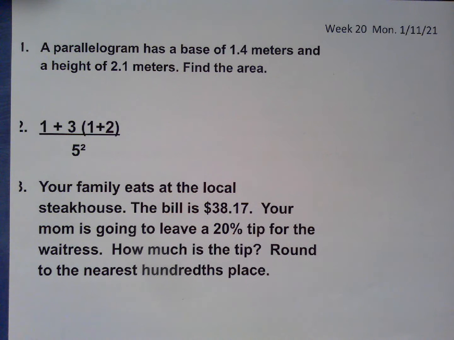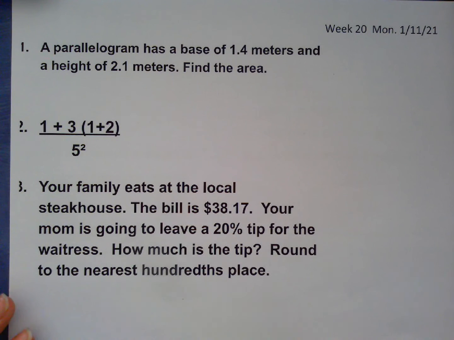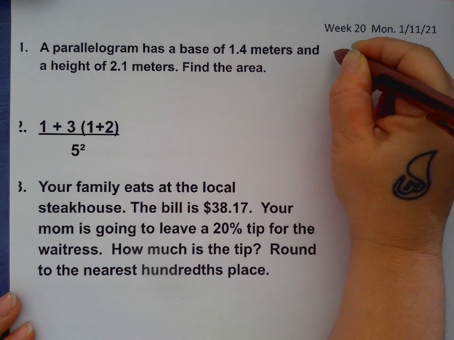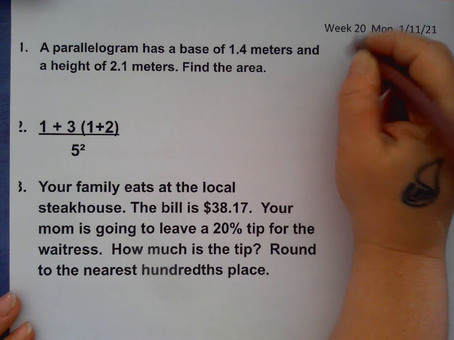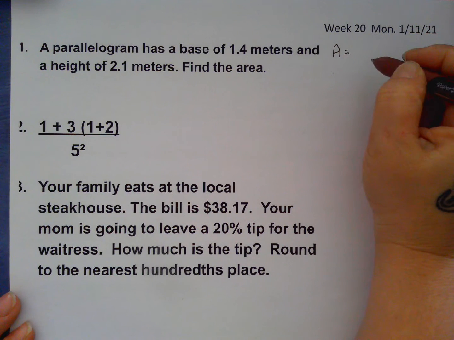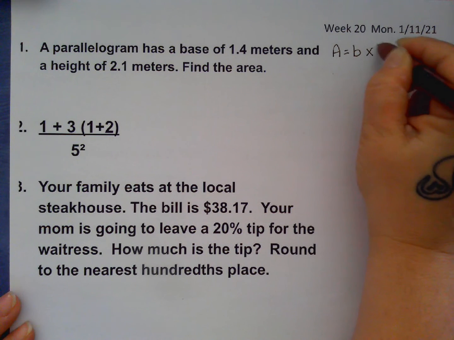Alright, so parallelograms have a base of 1.4 meters and a height of 2.1 meters. Find the area. Remember, when I teach you area, I always show you, write the formula down first. So area of a parallelogram, the formula is area equals base times height.